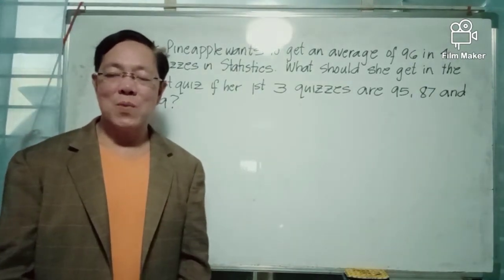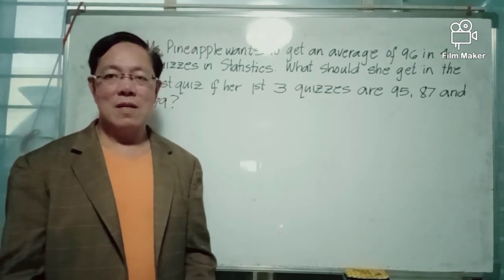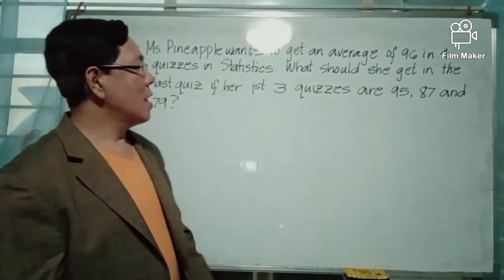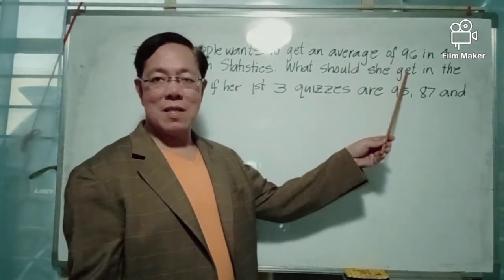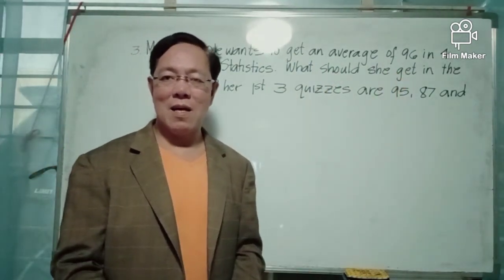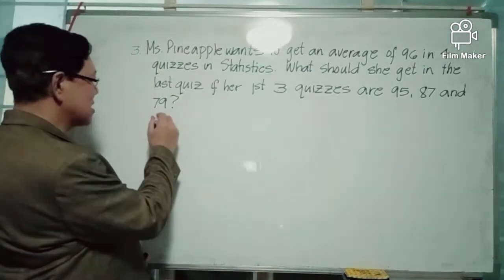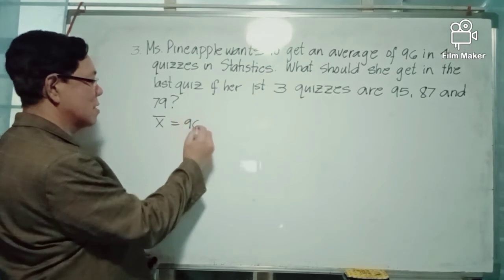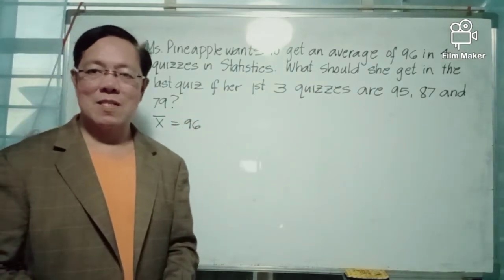In this problem, we are given the mean or the arithmetic mean or average. And the given average is 96. And we write that as x bar equals 96.